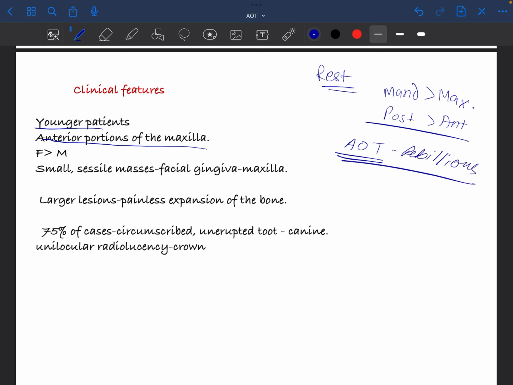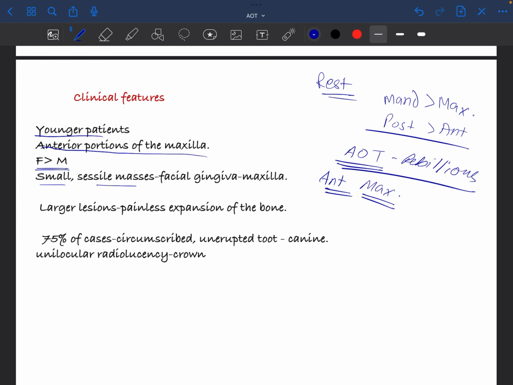It occurs in the maxilla and in the anterior maxilla. It's very common in MCQs: AOT is common in the anterior maxilla. As usual it's more common in females. That's why ladies first, right? It's the first tumor in front of the oral cavity, basically the anterior part of the maxilla.